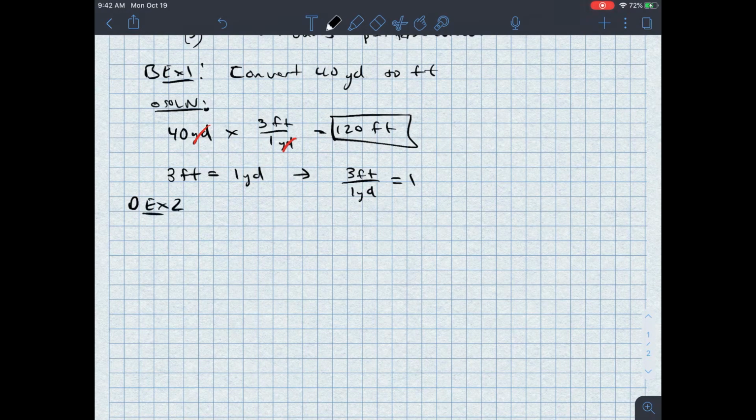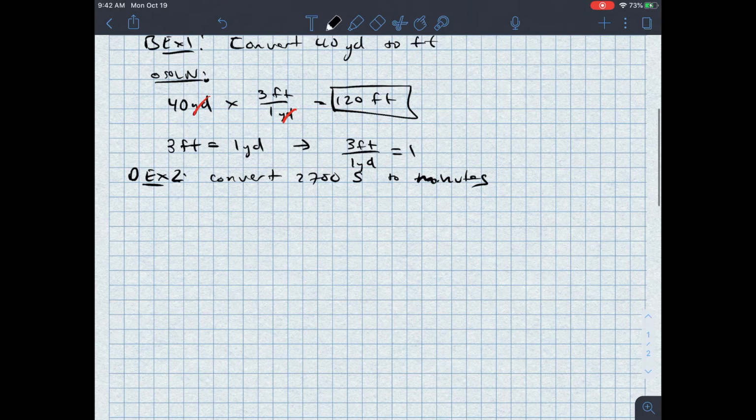In example number 2, let's do the same sort of thing. I want to convert 2,700 seconds to minutes. So I'm given 2,700 seconds, and I know that 1 minute is equal to 60 seconds.